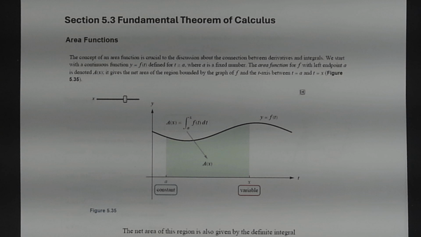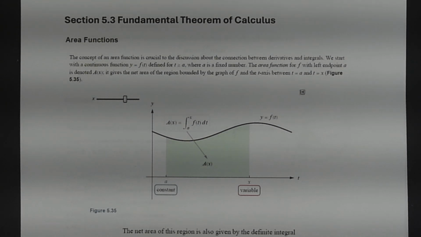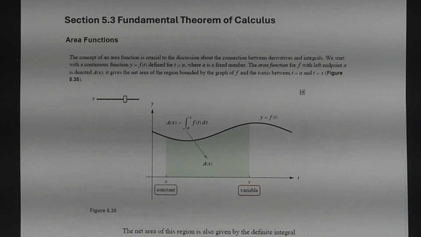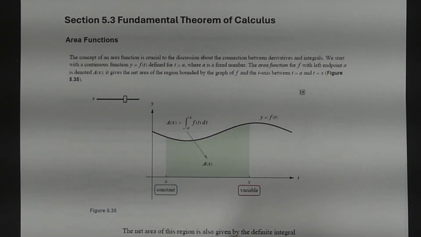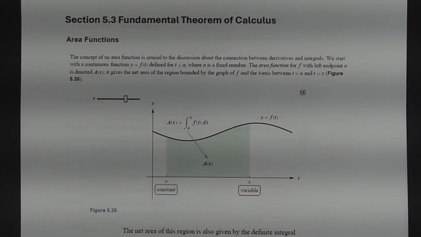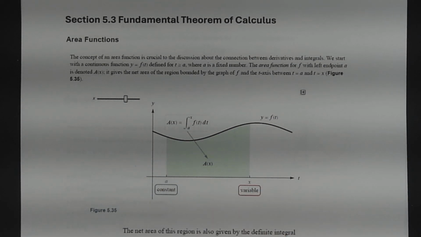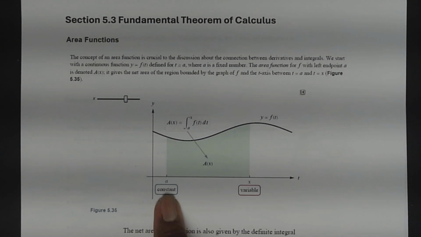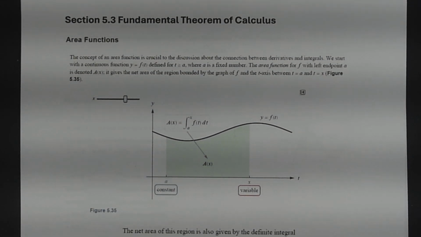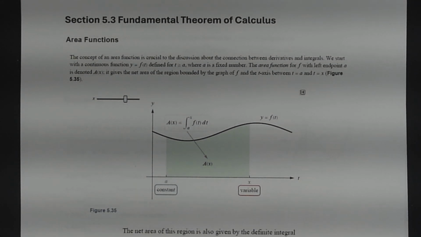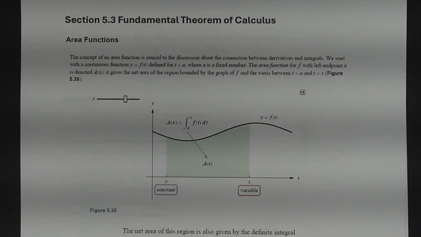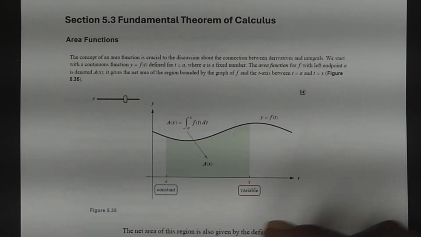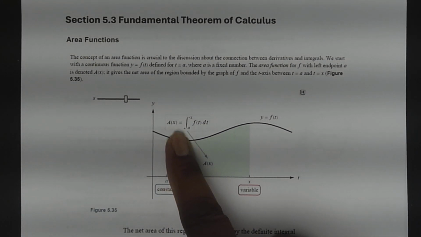The concept of an area function is crucial to the discussion about the connection between derivatives and integrals. And here we're going to start with a continuous function, y equal f of t, defined for t greater than or equal to a, where a is a fixed number. The area function for f with left endpoint a is denoted by capital A of x.